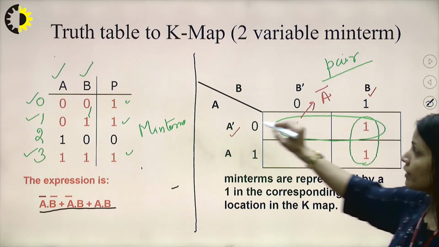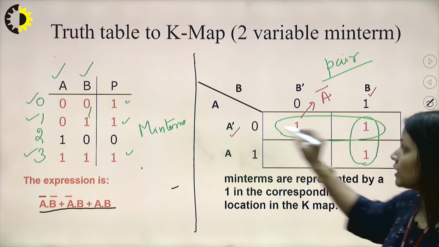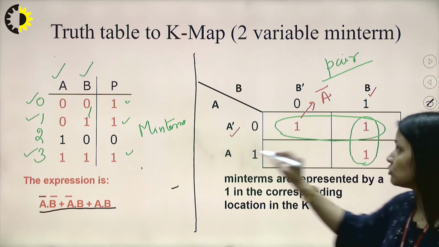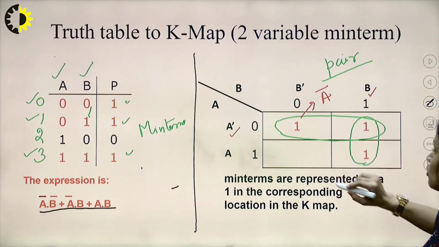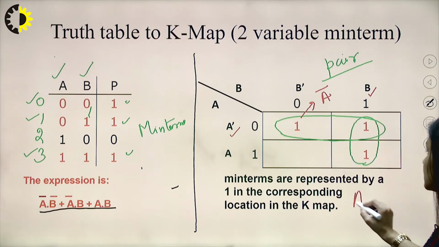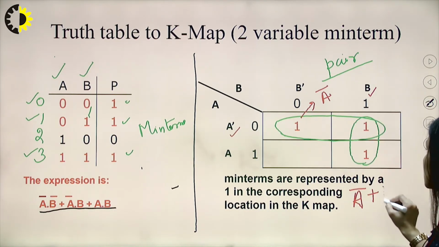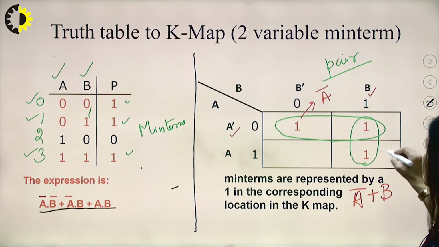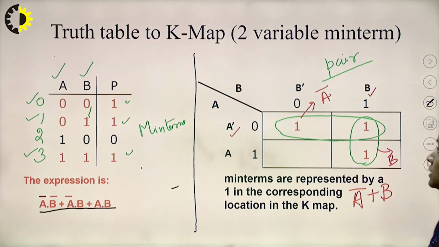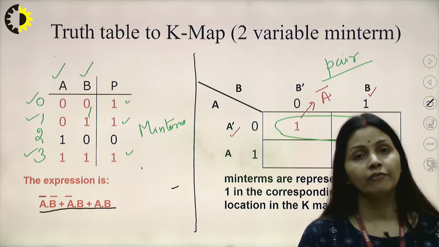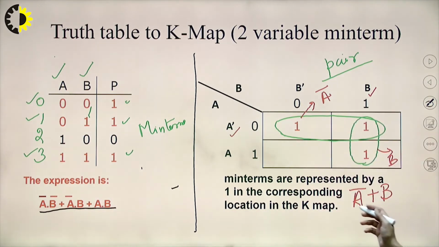For this one, if I look at the row, this one has A bar and this one has A, so I will be putting B. So the final expression will be A bar plus B, and since I am writing the min terms, I will be adding these and writing the expression in sum of product form.